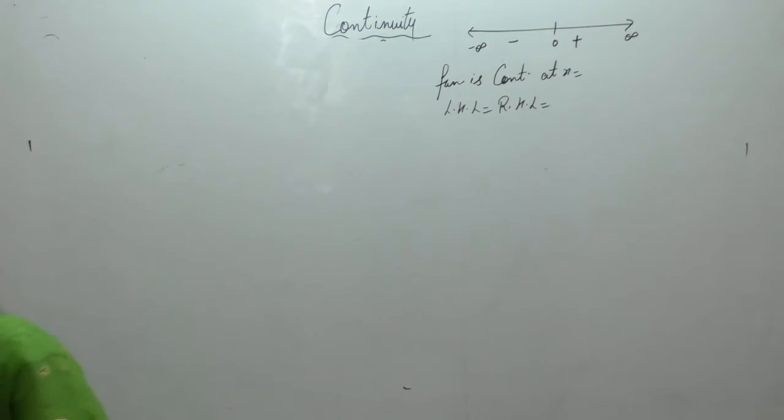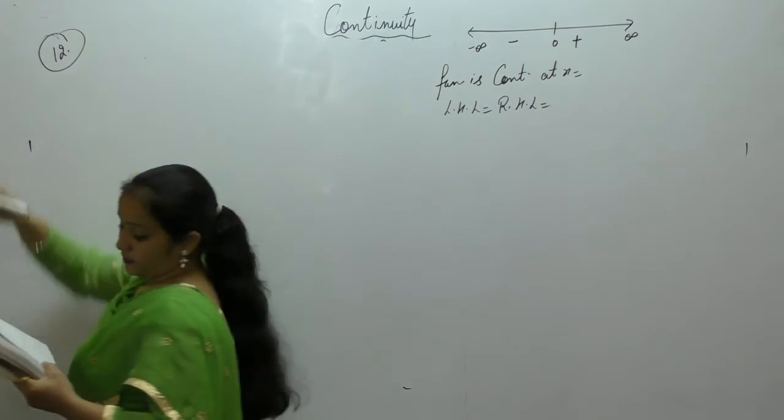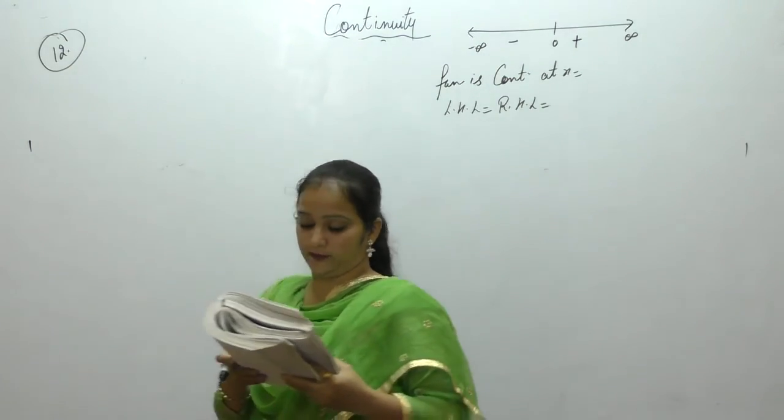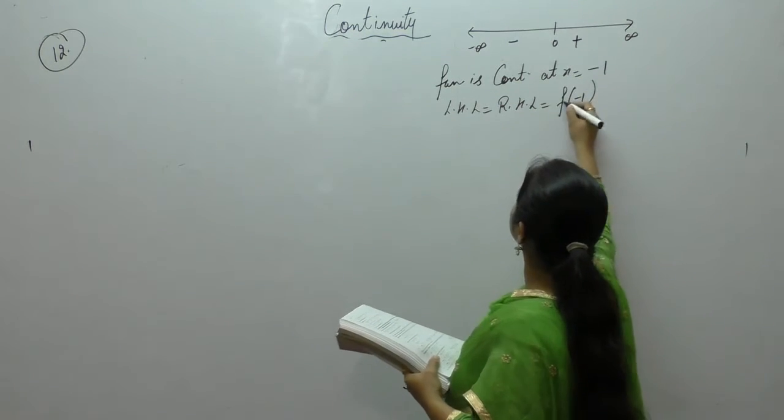Now the next one. Find the value of constant lambda so that the function given below is continuous at x is equal to minus 1.